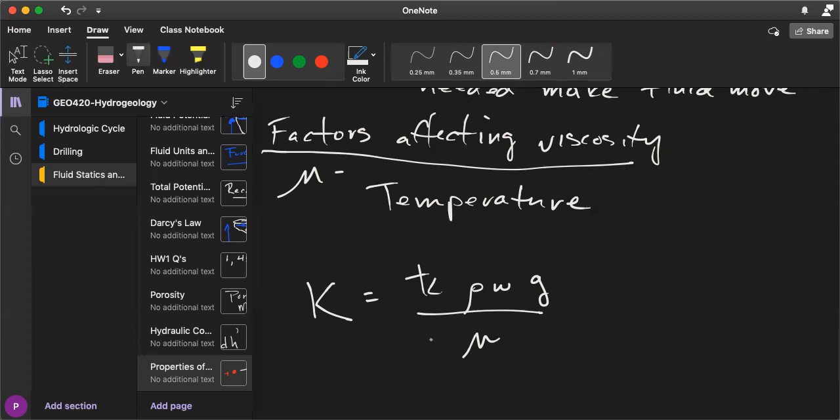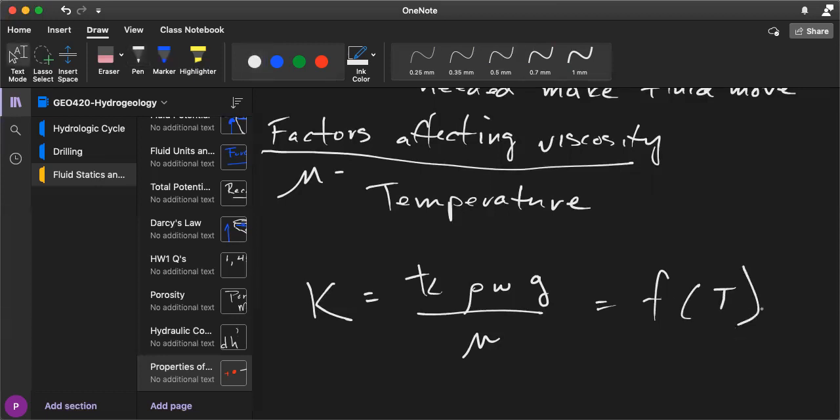Hydraulic conductivity is temperature dependent. What else would vary with temperature here? Yeah, the density of my water. So hydraulic conductivity is a function of temperature.